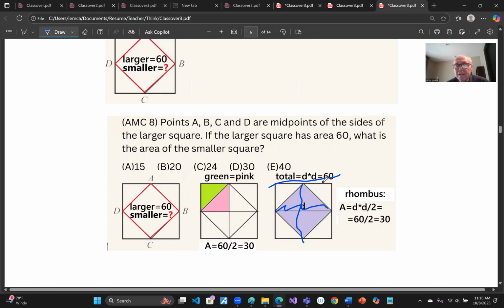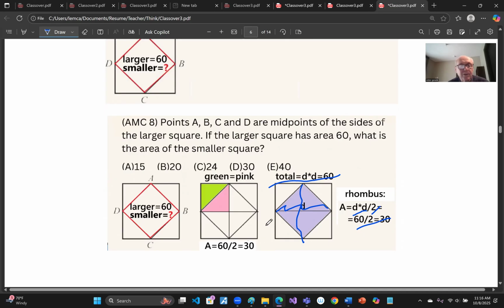So D squared is 60, but the area of the rhombus is D squared over 2. So the area of the smaller square is 30.